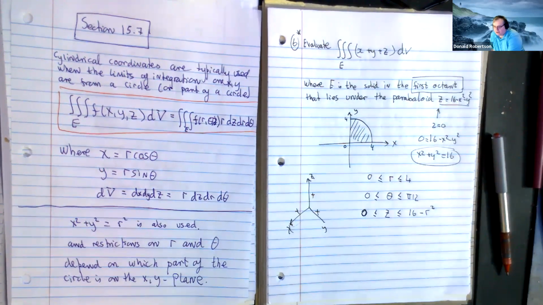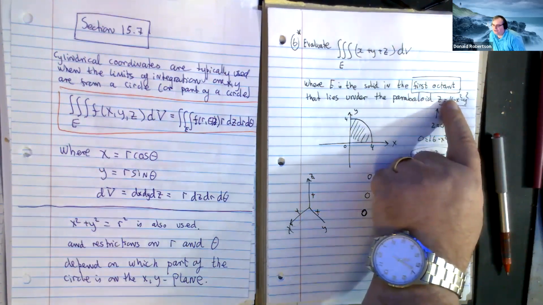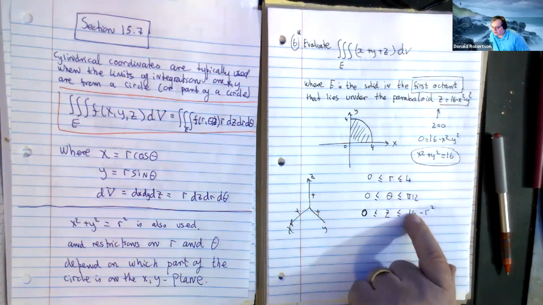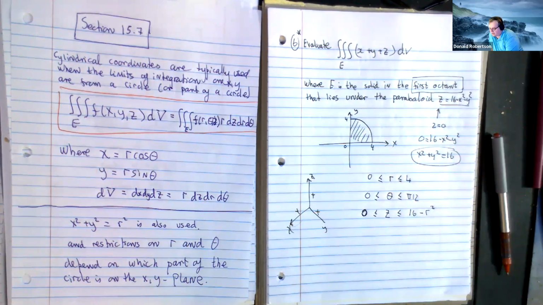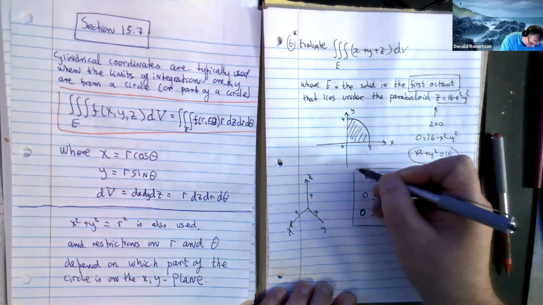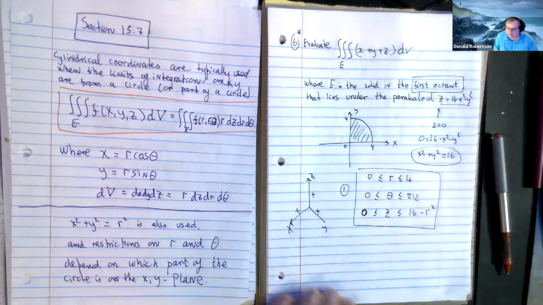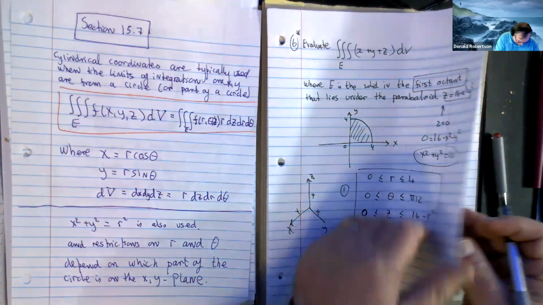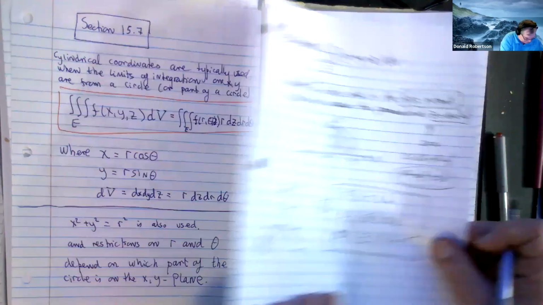The z can only have r or theta in it. Are you comfortable with 16 take away x squared minus y squared being the same thing as 16 take away r squared? Can you see where that's coming from? Okay, that is step 1 done. Take the information you've got and find the limits of integration. Check.